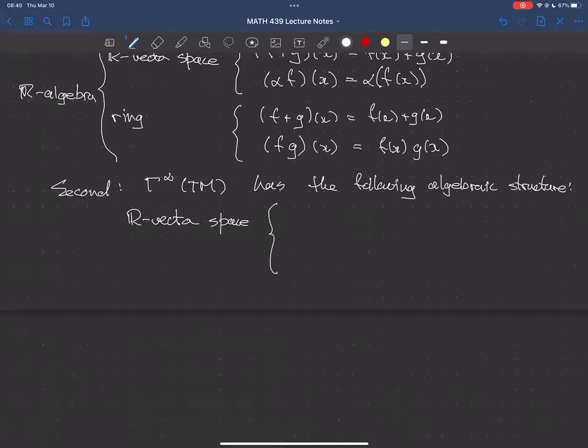If I take two vector fields, X and Y, to add them, I need to give you a vector field. A vector field is a mapping from M into Tm. So I need to tell you what this does to a point x in M. And again, it does the obvious thing.